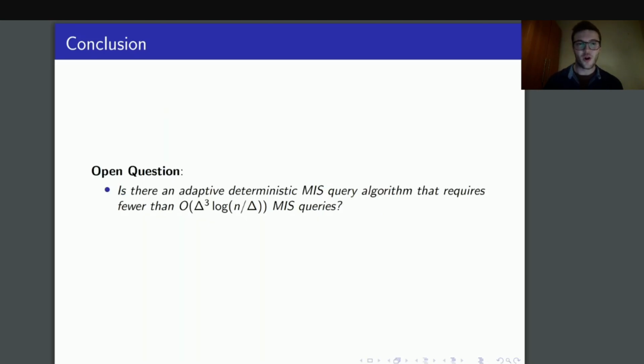And this brings us to our open question. Since there is a gap between the adaptive lower bound for randomized algorithms of omega of delta squared versus the non-adaptive lower bound for deterministic algorithms of omega of delta cubed, is there an adaptive deterministic maximal independent set query algorithm that requires fewer than big O of delta cubed log n over delta MIS queries?